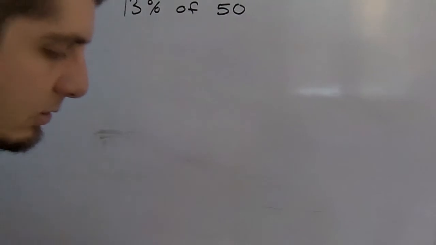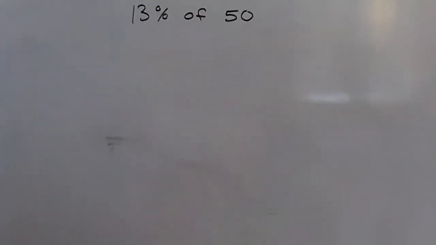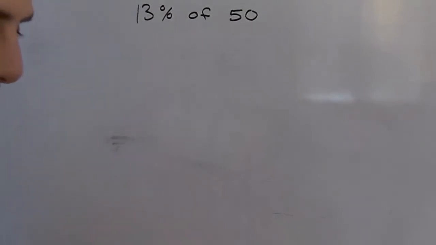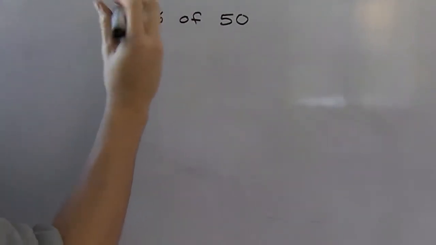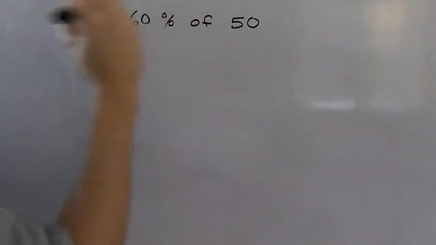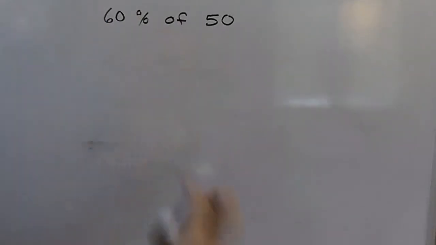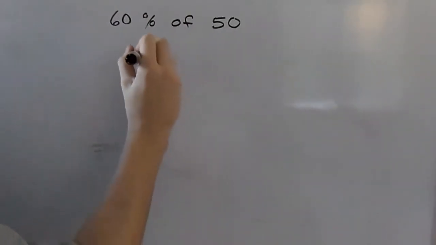So we're going to be using basically this concept of 10, 5, and 1% to obtain the majority of our percentages. We also will use 25 and 50% when applicable. So for example, if I wanted to know 60% of 50, I would first find 50% of it, half of it.